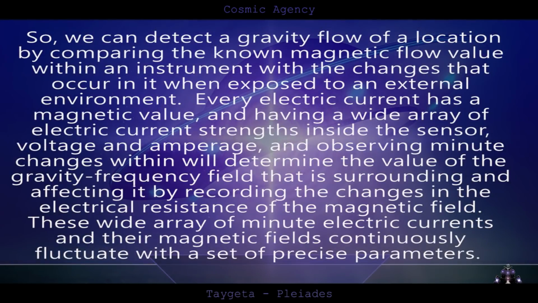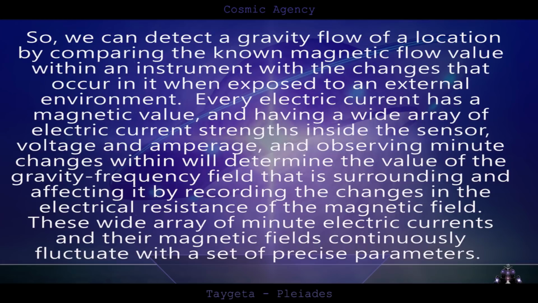So, we can detect a gravity flow of a location by comparing the known magnetic flow value within an instrument with the changes that occur in it when exposed to an external environment.